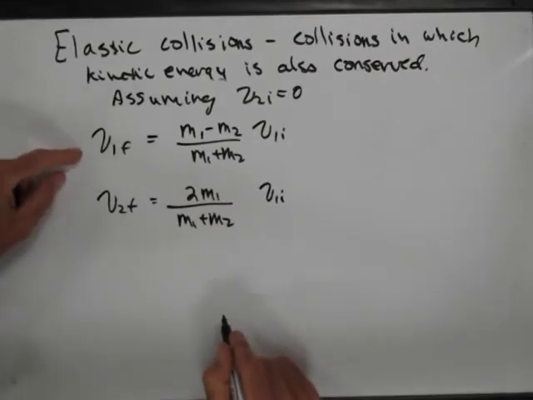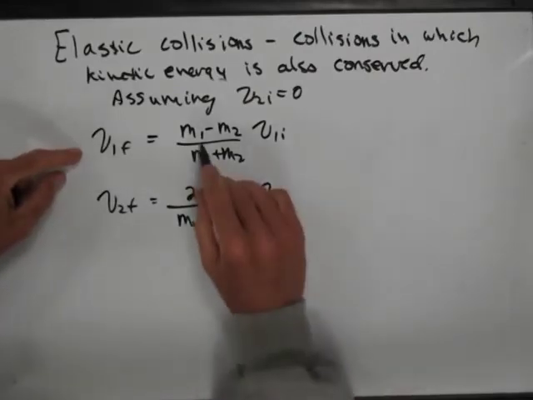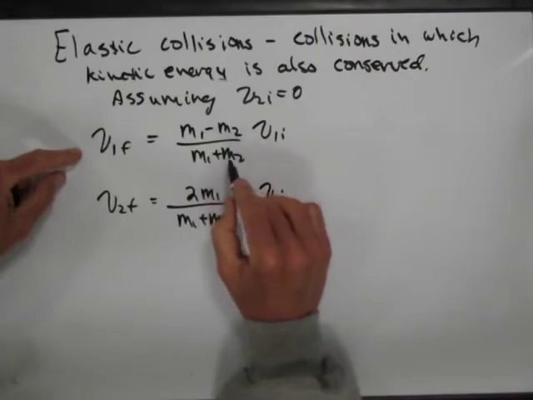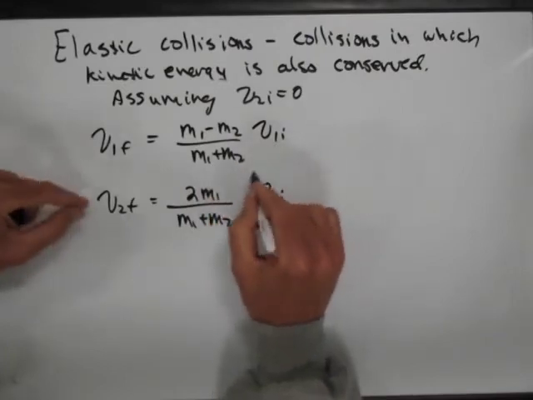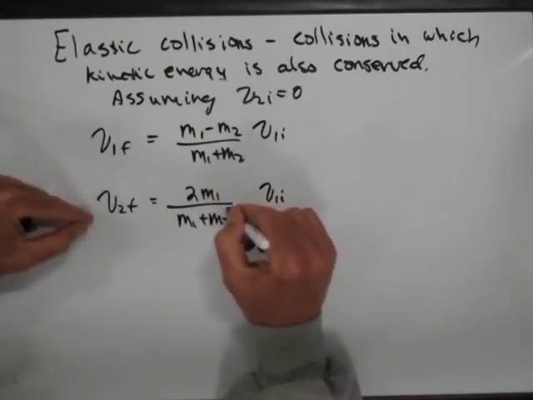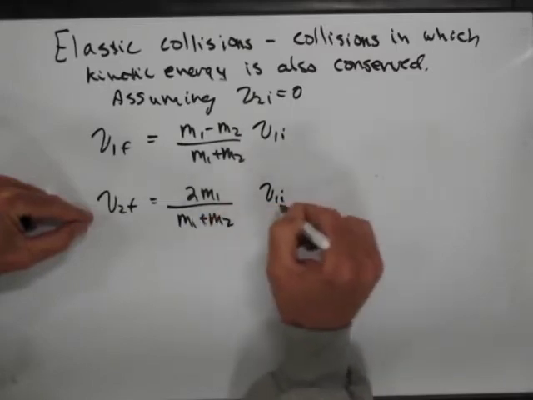So the final velocity of object 1 is m1 minus m2 over m1 plus m2 times v1 initial. The final velocity of object 2 is 2m1 over m1 plus m2 times v1 initial.